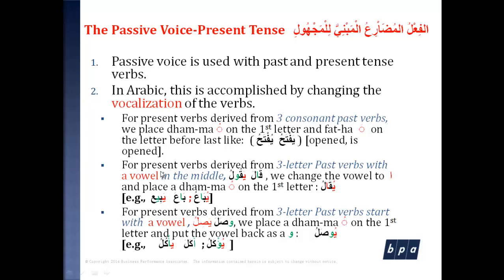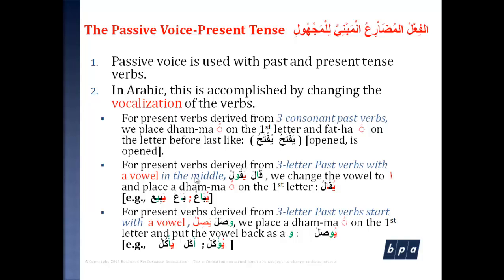Okay. For present verbs derived from the three-letter past verbs with a vowel in the middle, like the example that we keep bringing up, qala, which in the present becomes yaqulu. Qala, huwa qala, he said, becomes yaqulu, huwa yaqulu, he says. We change the vowel to alif, and we place a dhamma on the first letter.